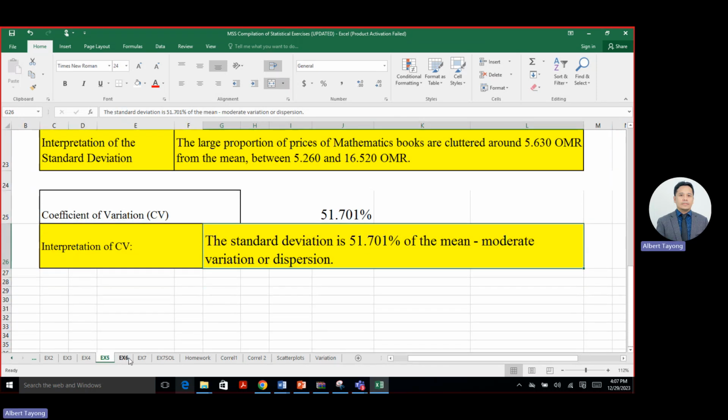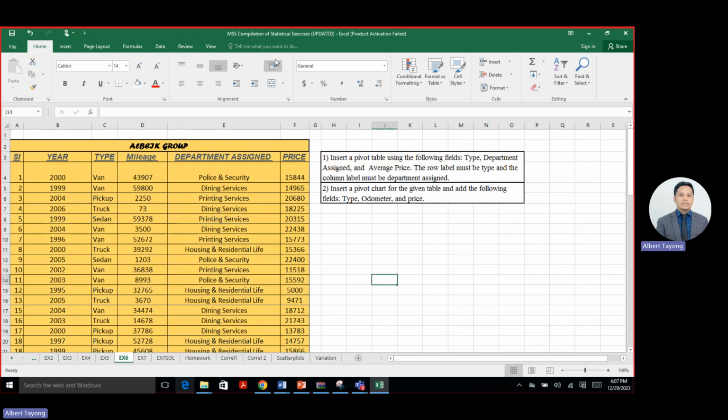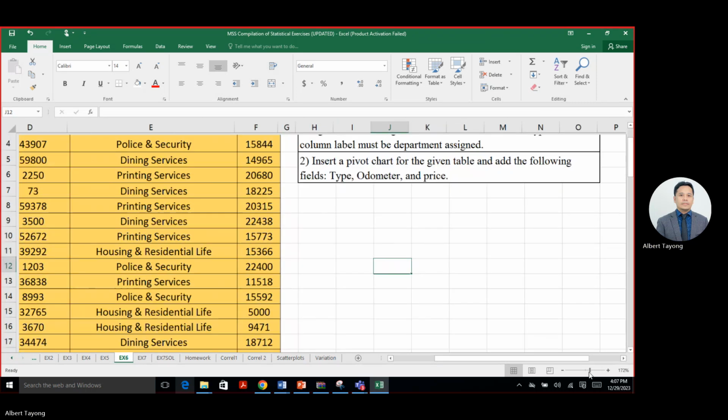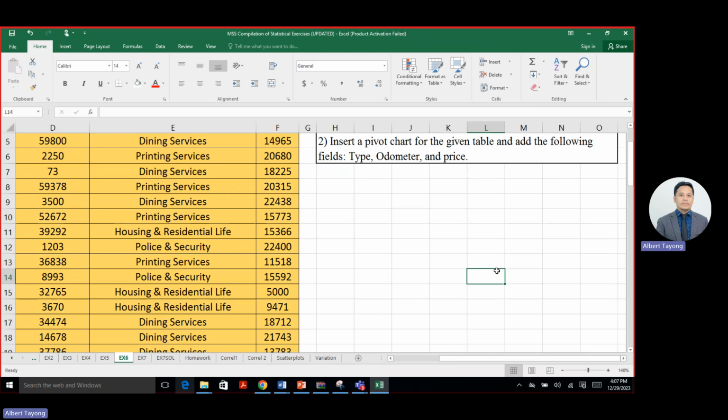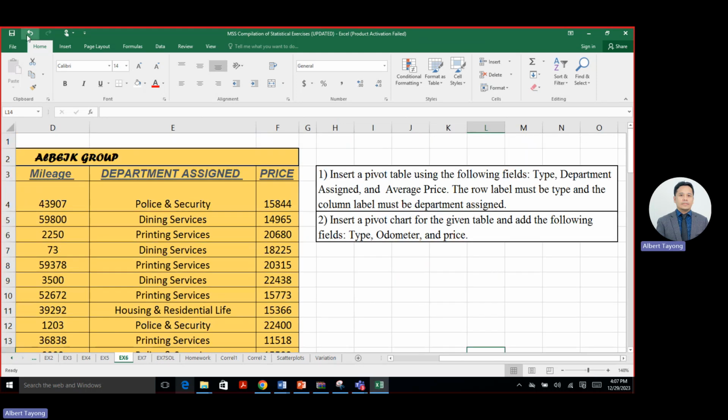Let's now proceed to EX6. EX6 is actually about the pivot table and pivot chart. Pivot table is a very powerful tool to summarize and organize complex data.